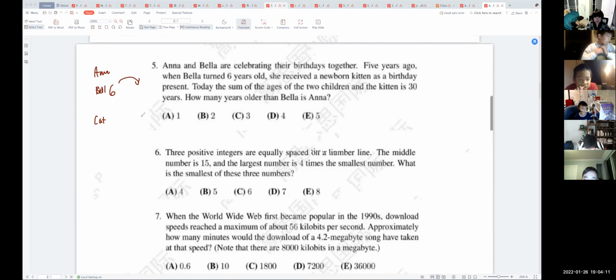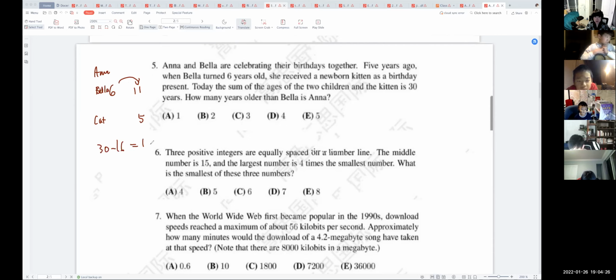So the kitten should be 5 years old, right? Then how old should Bella be? 6 plus 5 equals 11 years old, right? So Anna right now is 16, and 30 minus 16 should be 14 years old, right? But how many years older than Bella is Anna?